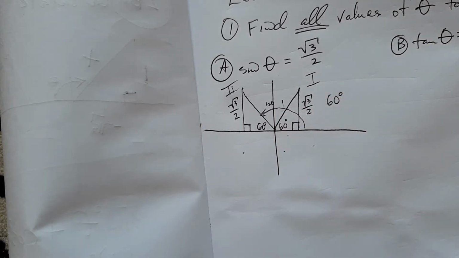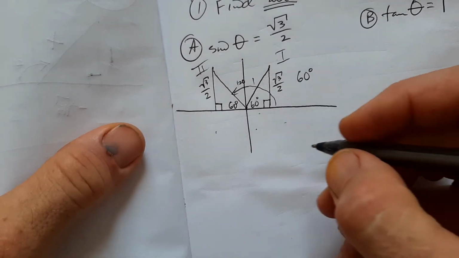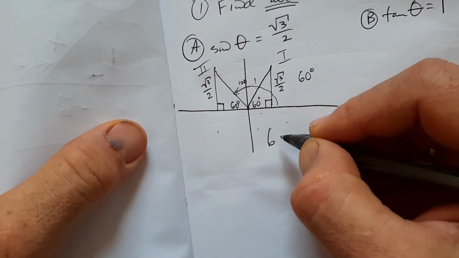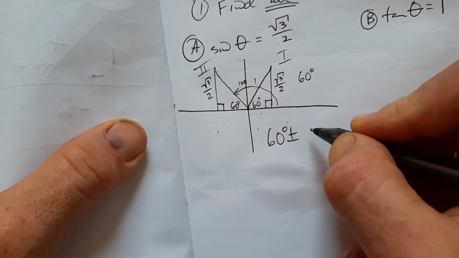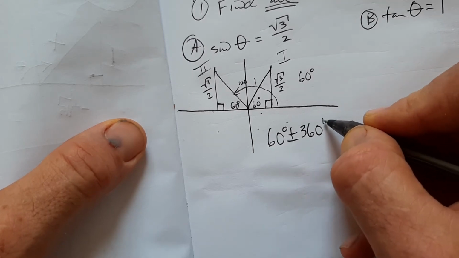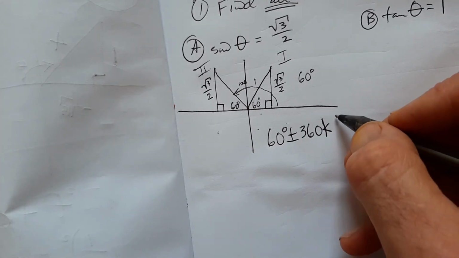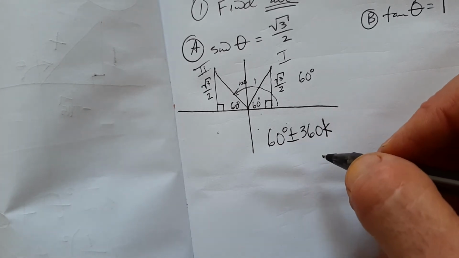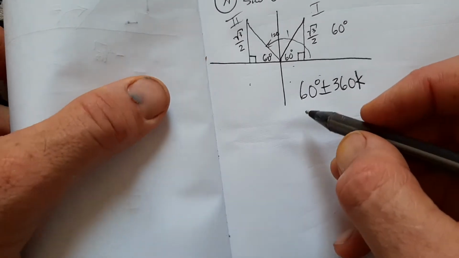Now, writing it in the proper notation, I might be a little weak on that. I might be a little rusty here. I would have 60 degrees plus or minus 360k, where k is any integer. There are different ways of writing it.